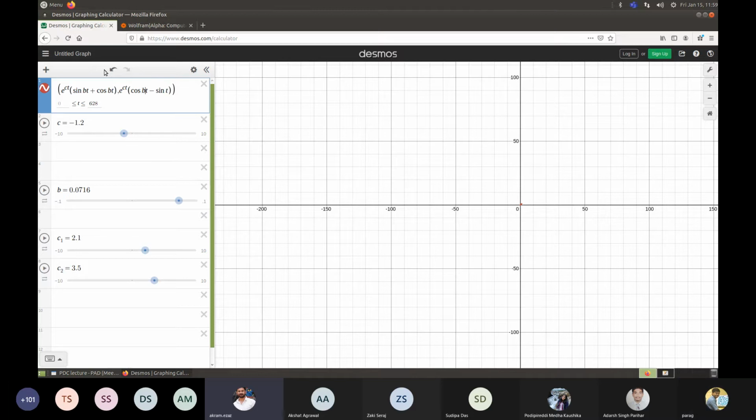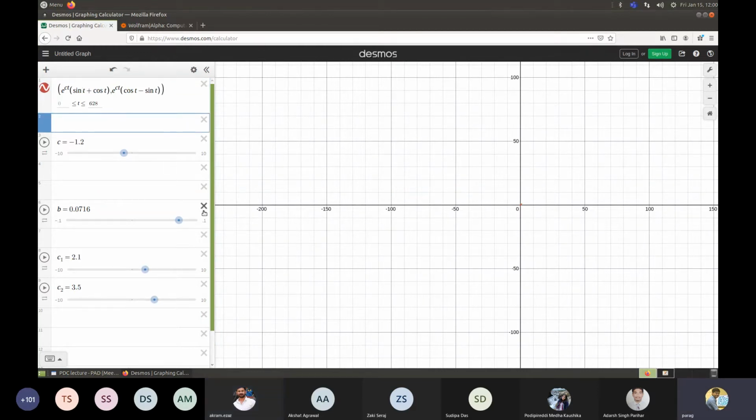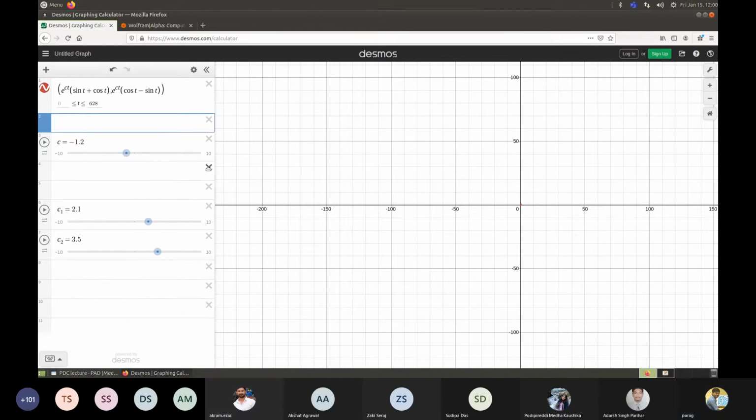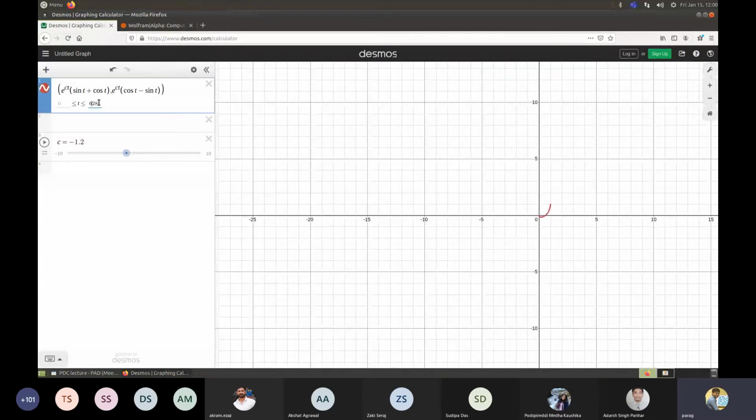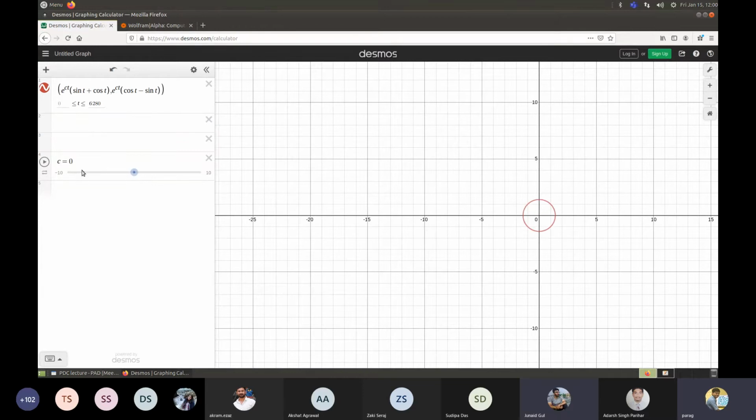The only thing we have is C here. Let us increase this still further. Does anything happen? No. Yeah, this is what is happening. We were correct. So let me change the value of C to a small value, from minus 0.1 to 0.1.